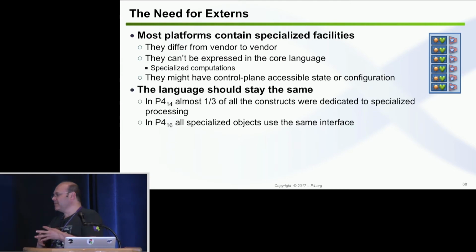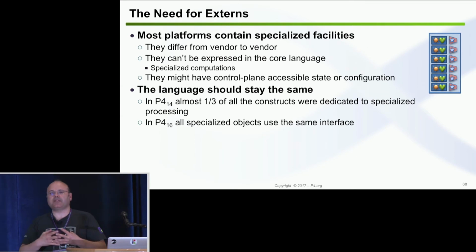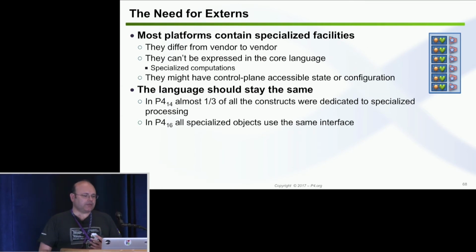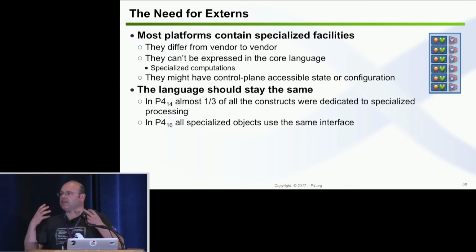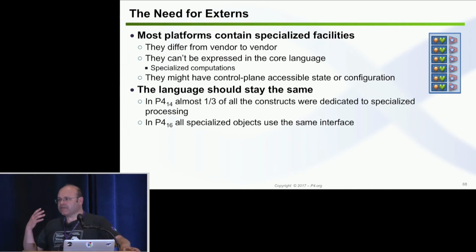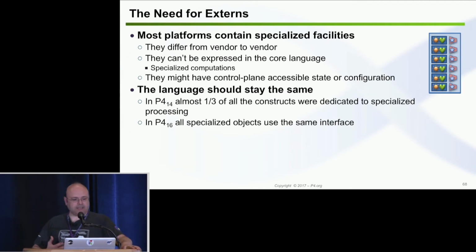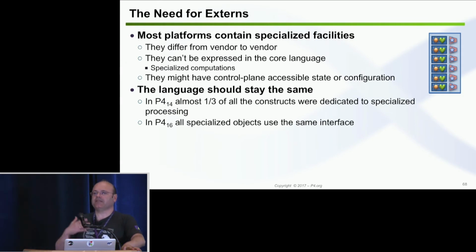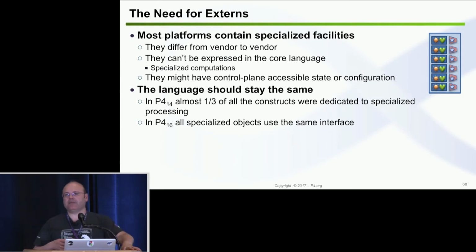And at the same time, there is a big desire for us to keep the language the same. So in P4_14, a lot of elements in the language were dedicated to these externs. And now, in P4_16, we basically removed all these specialized objects from the language and made just one unified mechanism to express them all.